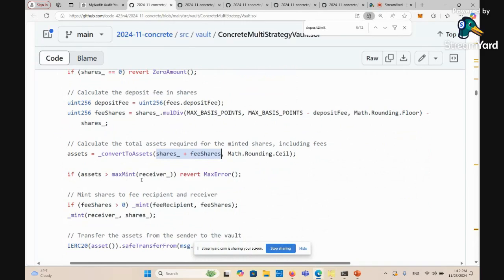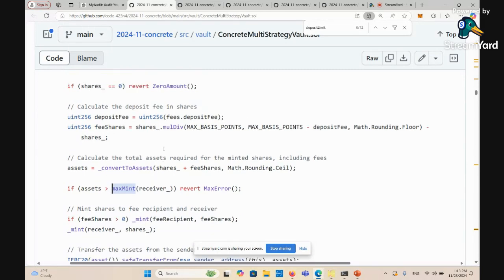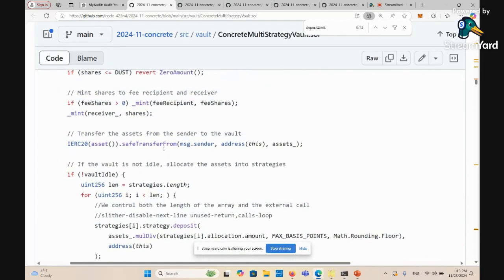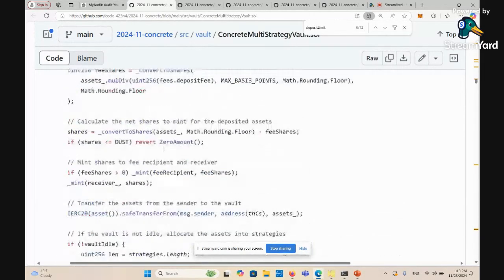If the asset is greater than max mint, then it's not going to be allowed. Let me check this. Over here, what do we use?